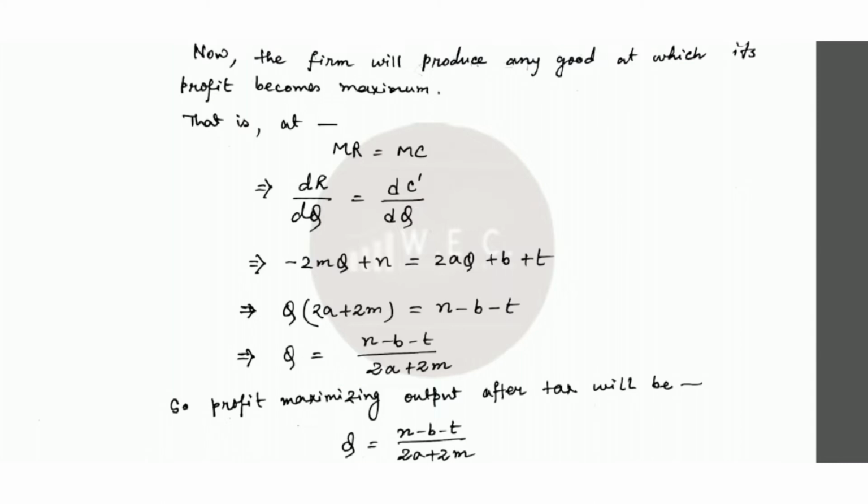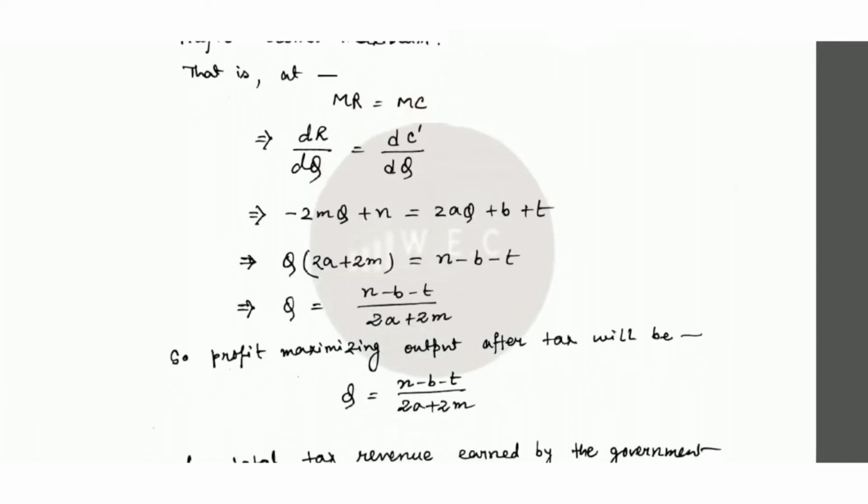You can see on the screen the value of Q is equal to (n minus b minus t) divided by (2a plus 2m). So the profit maximization output after tax will be Q equals (n minus b minus t) divided by (2a plus 2m).